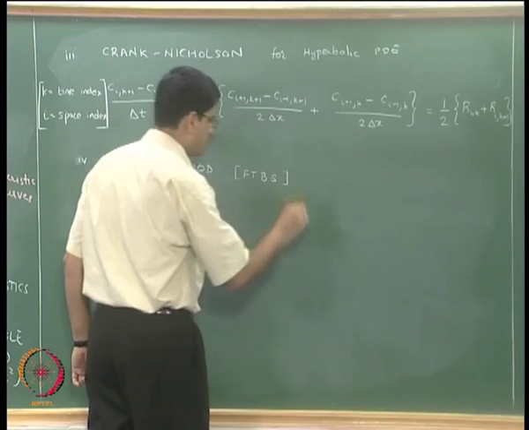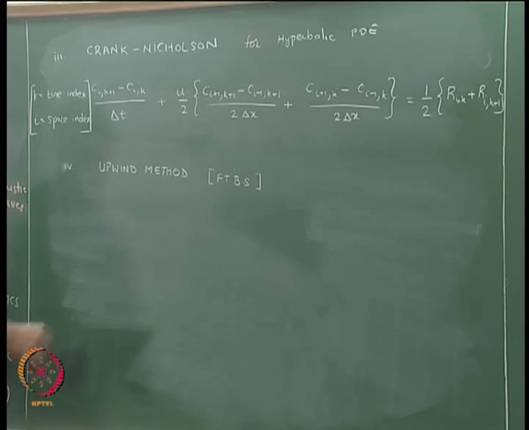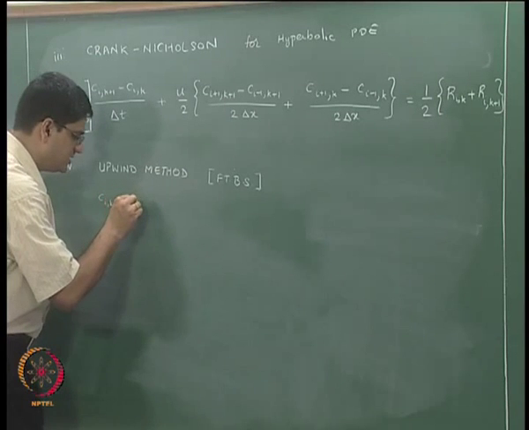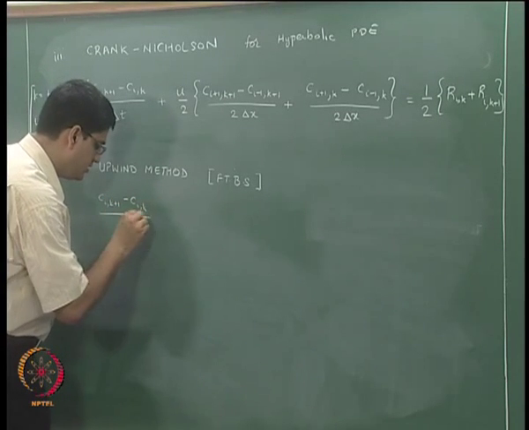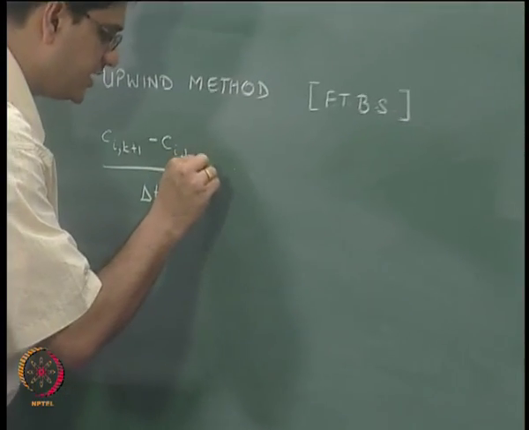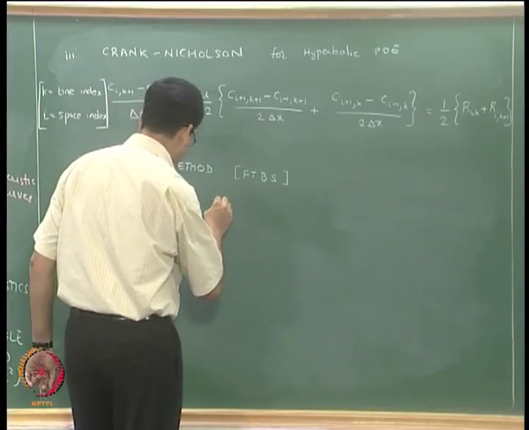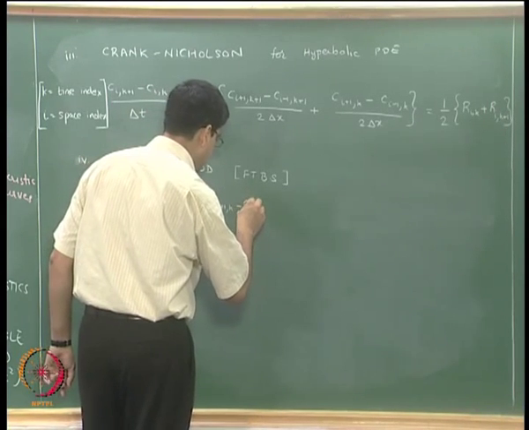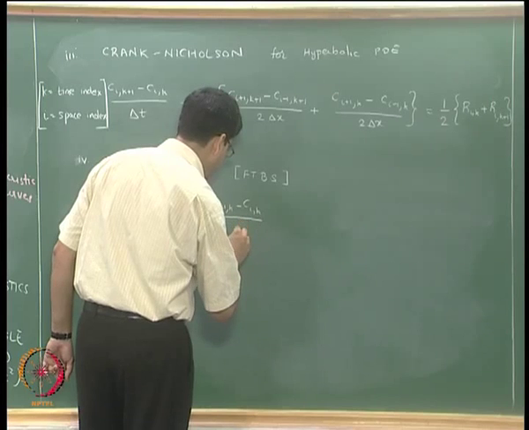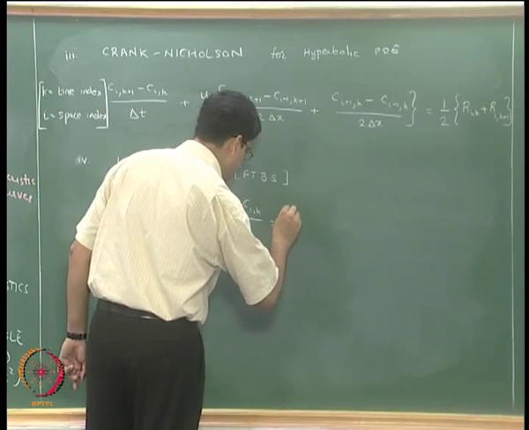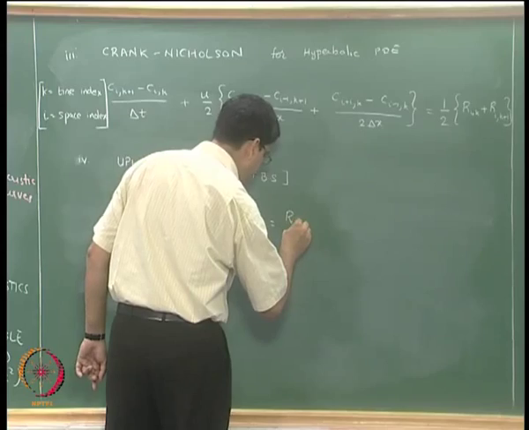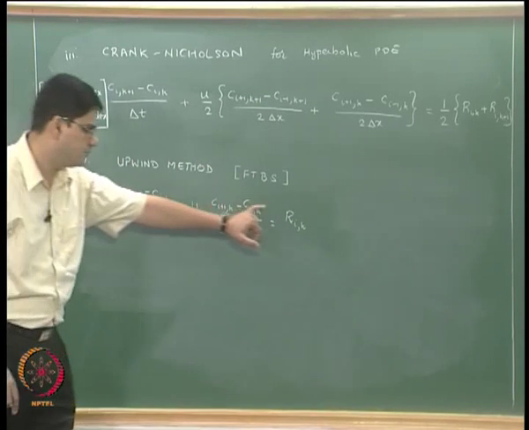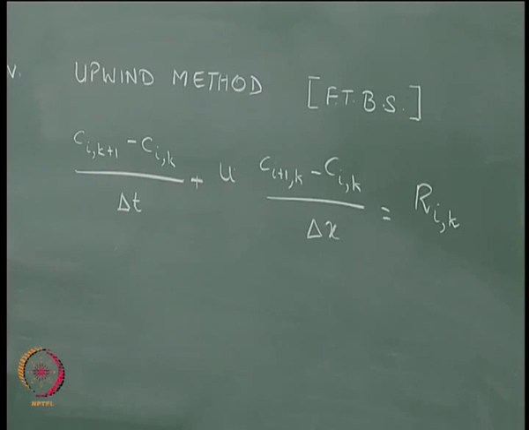So we have (C(i,k+1) - C(i,k)) divided by delta t plus u multiplied by (C(i,k) - C(i-1,k)) divided by delta x is going to be equal to r computed at i, k. Okay. This is going to be an upwind method for solving the PDEs.